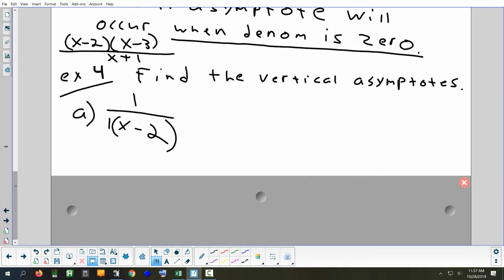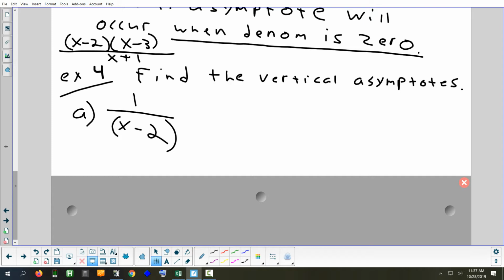No, because it's a constant. So we're not worried about that common factor. 1 is a common factor to everything, but let's just focus on that part. So we don't have any common factors that are significant, like x minus 2 in the top would be a problem here. So we are going to have a vertical asymptote.